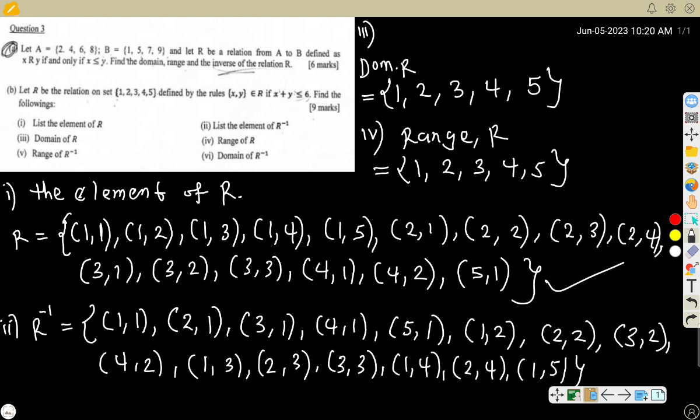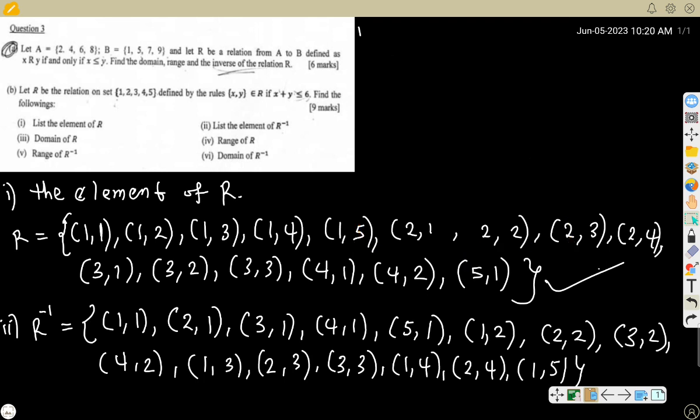So the next one, range of R inverse. Range of R inverse.